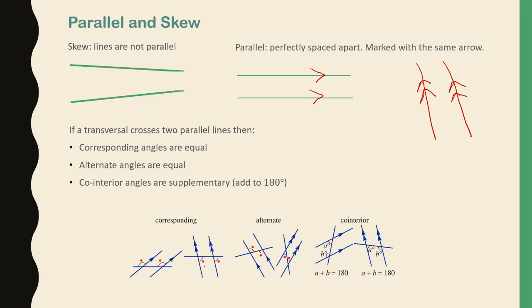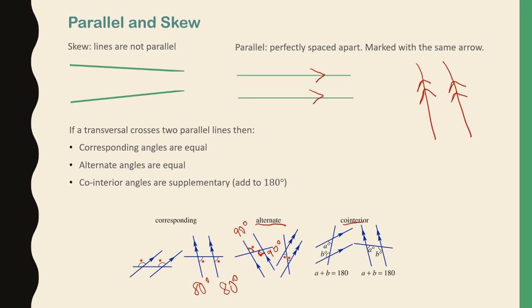So if this angle was, let's say, 80 degrees, this angle would also be 80 degrees. Alternate. We've got this angle on this side of the transversal and this angle on the other side of the transversal. They're equal as well. So if this was, let's say, 90 degrees, this angle would also be 90 degrees. Okay, the dots just mean they're equal.